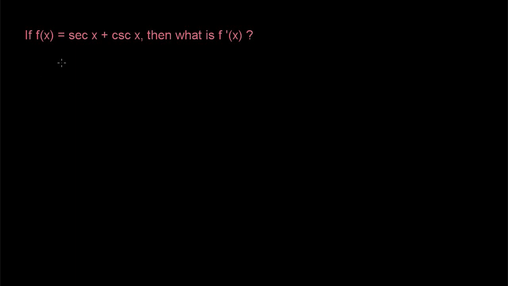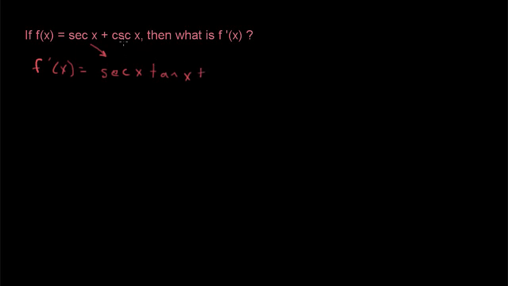Well, let's just go ahead and write down what the answer is, if you happen to already know what the derivative of the secant of x is, and some of you do. That is secant x times the tangent of x. And then it says plus, so we're going to take the derivative of the second term.